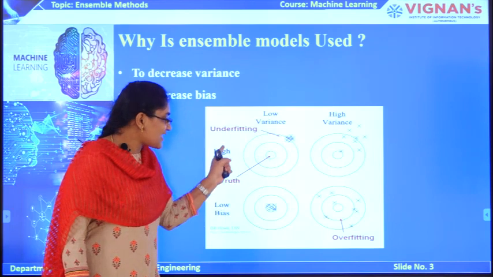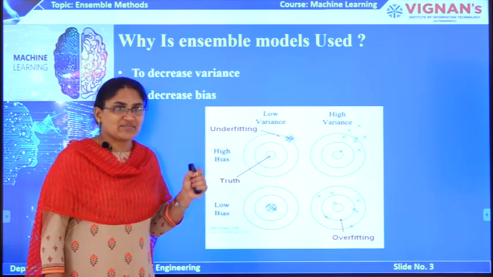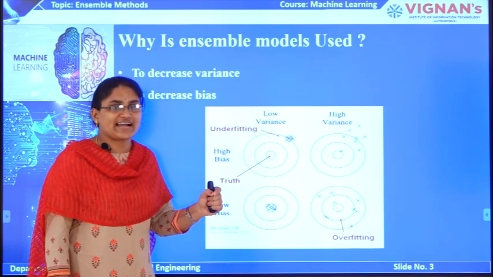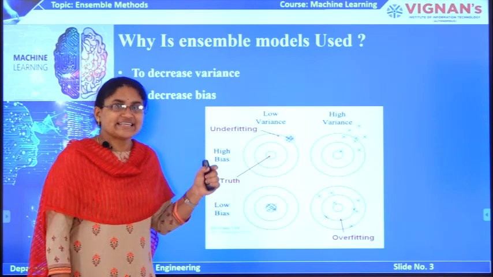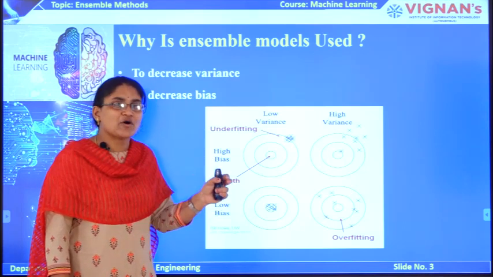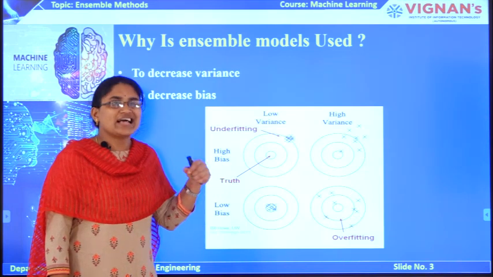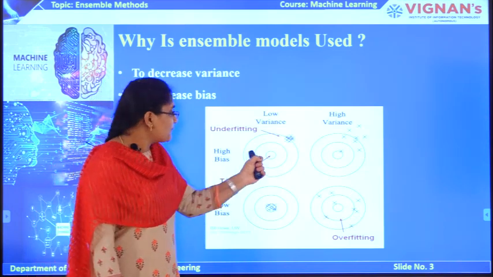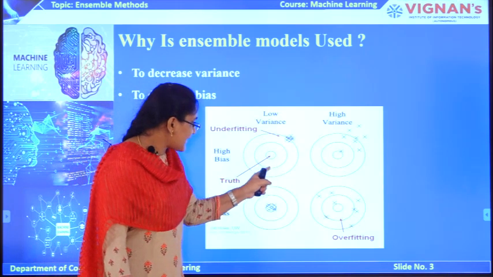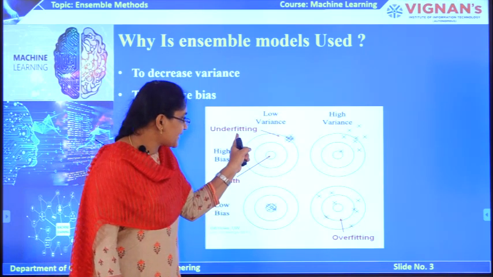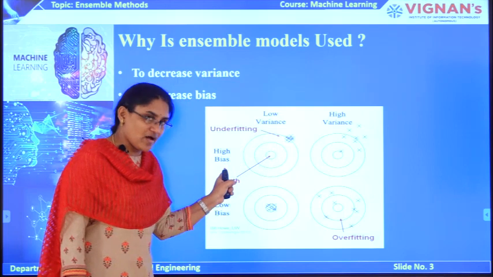Why? Because here the model is unable to capture all the underlying patterns of the data, meaning it takes only a very small amount of data points for building the model. When the model gets underfitting, then it has high bias.